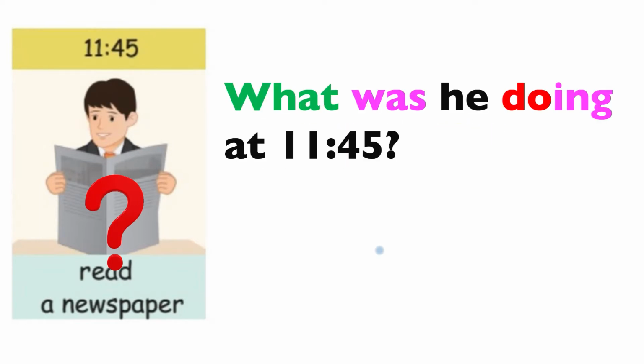What was he doing at 11:45? 11:45, or 15 to 12. Can you say that? No, never 15 to 12. Quarter to 12. So it's just 15 minutes away from 12. You could say that, 15 minutes away from 12, or 15 minutes from 12. That is possible.